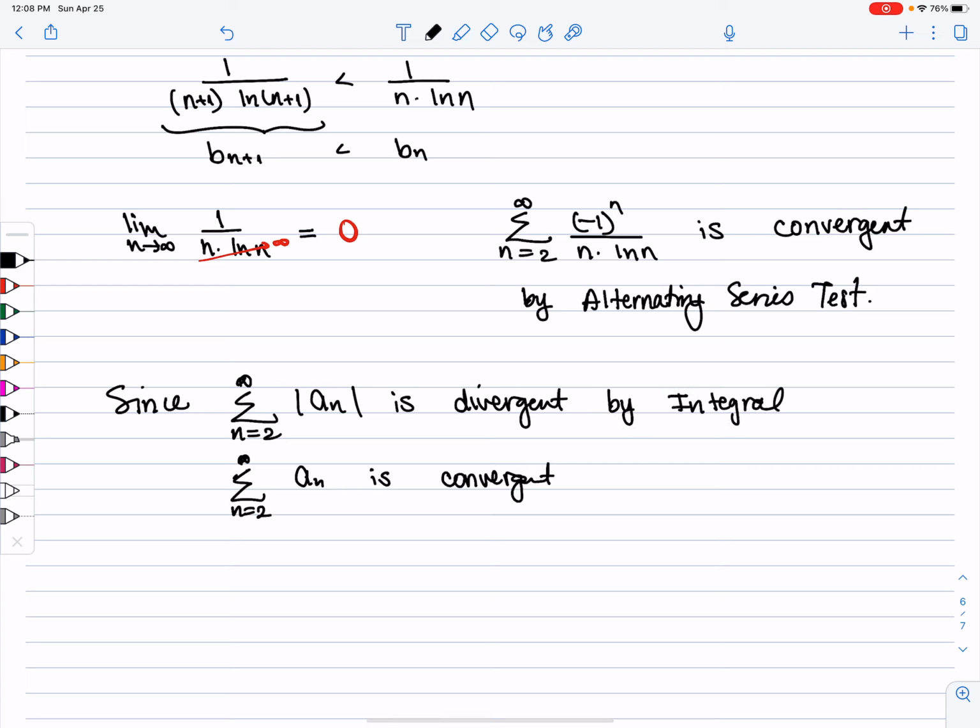You don't have to say this part here because you already said it earlier, but I'm just writing the conclusion. And then the series, not in absolute value, is convergent by alternating series test.